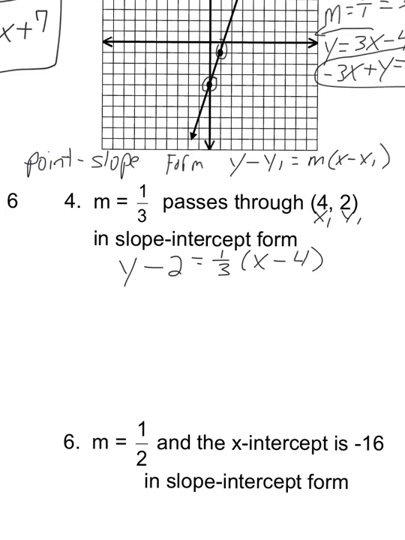Now, when I have a number touching parentheses, it means to distribute. So I have to distribute, or multiply, that 1/3 times each of those. So we have y minus 2 equals 1/3 x. 1/3 times -4 would be -4/3.